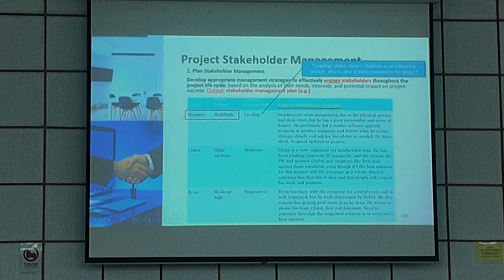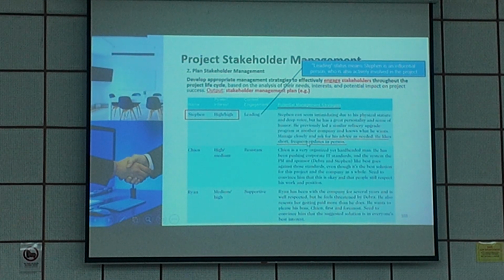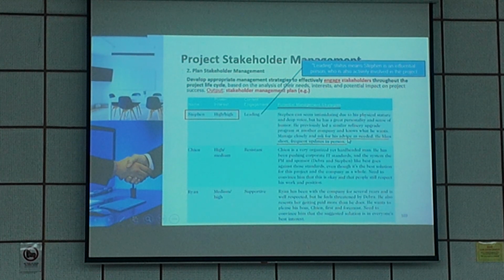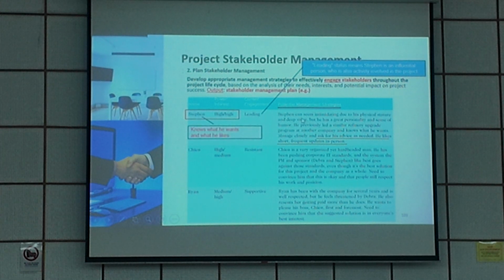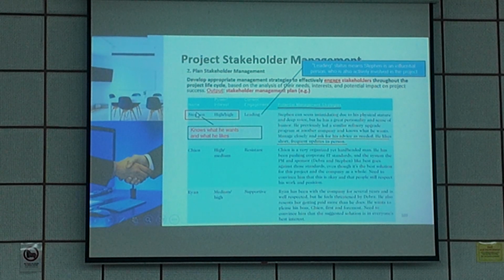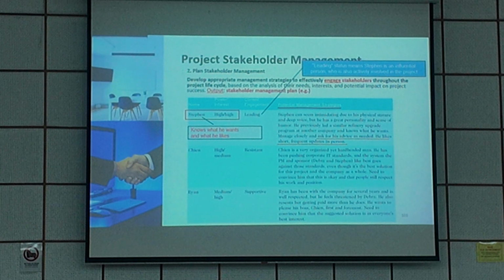So how to engage with him, how to communicate with him? Ask for his advice as needed. He likes short, frequent updates in person. So to engage with a stakeholder, you need to know what he likes and dislikes, especially the powerful person.